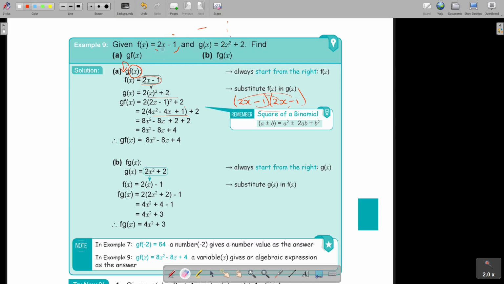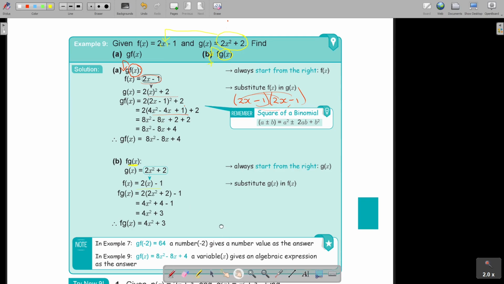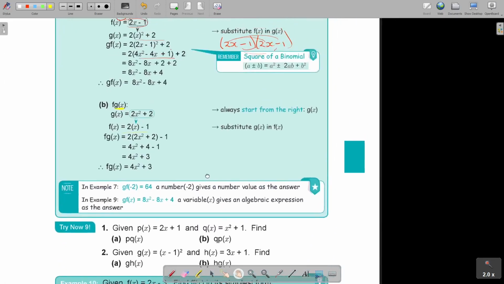If you did the other way, question B, because now it's G, you would take G and throw it in F. So you take this one and throw it in there. Do you see? That's what I did there. But you can check, as I said, on page 233.